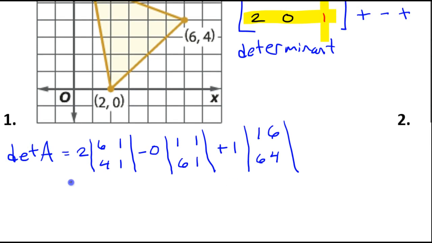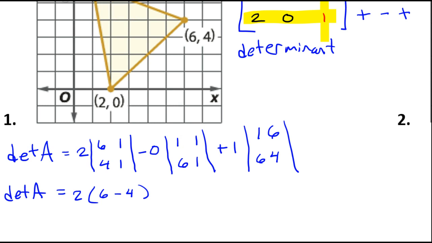Okay, so here's how I calculate the determinant. All of these minors, I'm taking the determinant of each one. So I have the determinant of A is equal to 2 times this determinant. When you do the determinant of a 2 by 2 matrix, it's down diagonal minus up diagonal. So that's 6 minus 4. I'm multiplying here, 6 times 1 and 4 times 1.